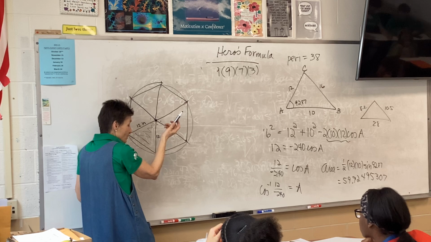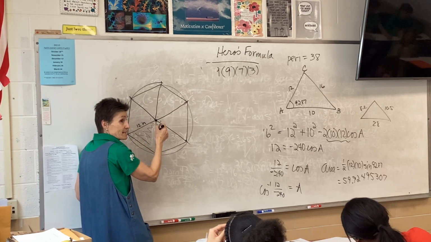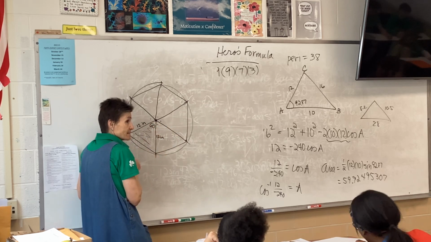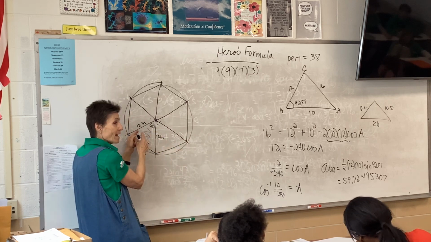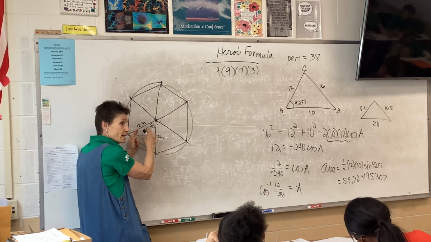They're all equal to each other, so therefore they must be 360 divided by 6. So that's a 60. I don't even care about all of them, because what do I have now? 2 sides and the angle in between.